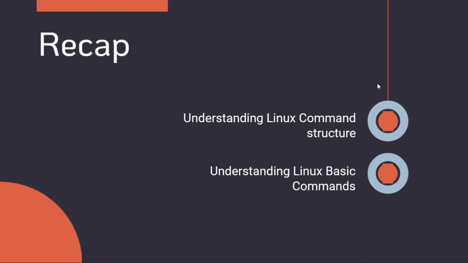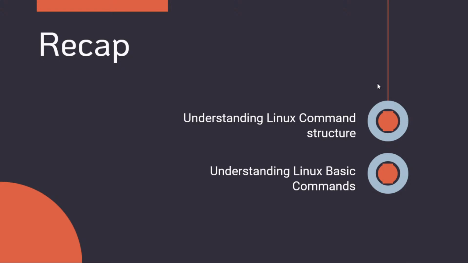So that's all about the basic commands, some of the basic commands we explored today. Quick recap: we discussed the structure of Linux commands, the syntax, how to issue any command. The syntax remains the same for all Linux commands: command name, options, arguments.